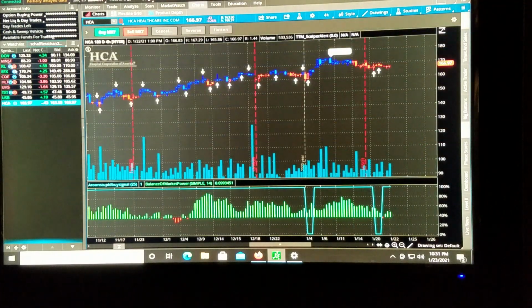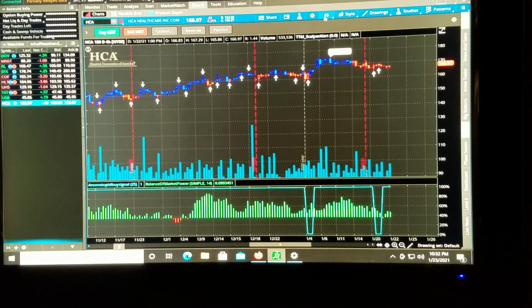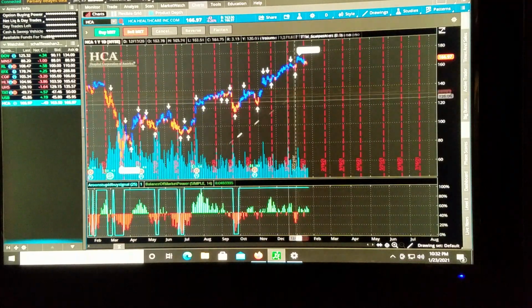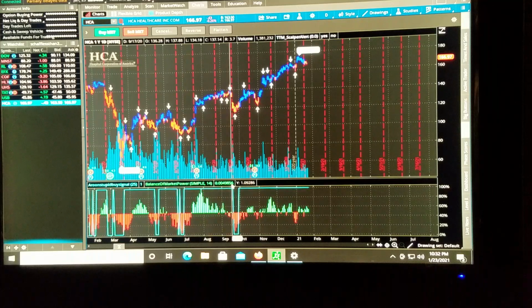So these are stocks that are pulling back. That's probably about all you can really see in the balance of the market power. I just like having this extra indicator because I know it's also a very good buy signal.